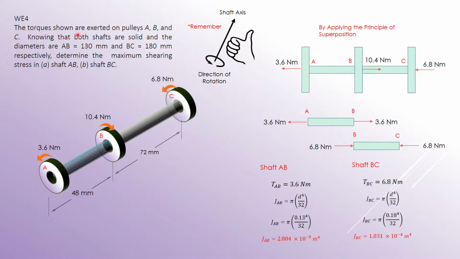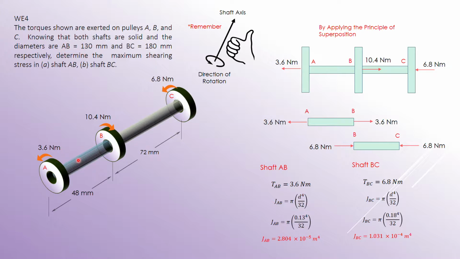Now the torques shown are exerted on pulleys A, B, and C. Knowing that both shafts are solid, so actually you have shaft AB and shaft BC, and I have labeled them with different colors.